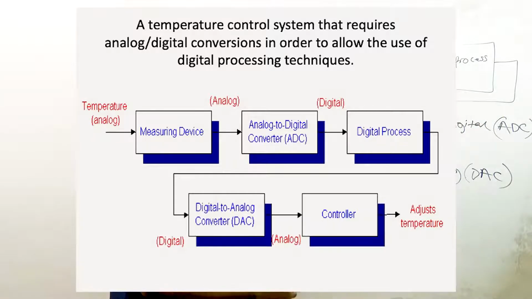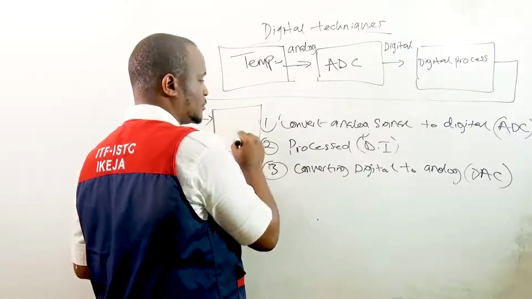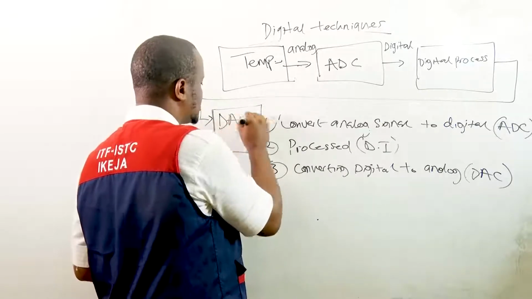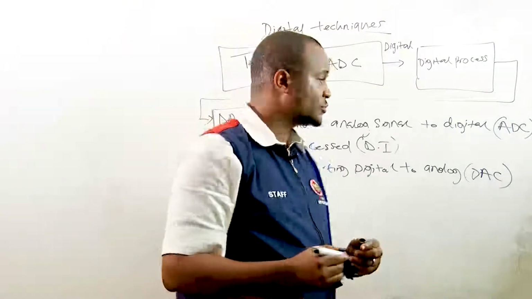And then the next thing will be to convert it back to analog. So the next thing is conversion with the DAC, digital to analog. And then we have an output.